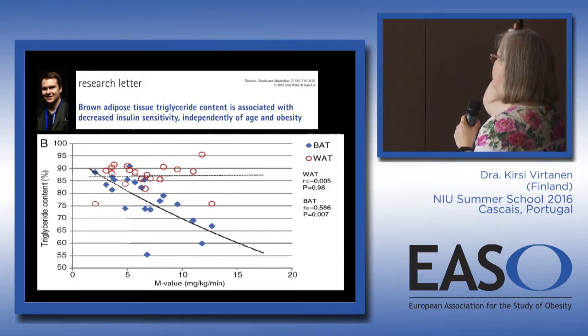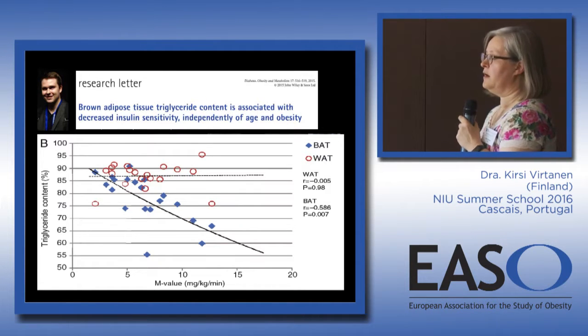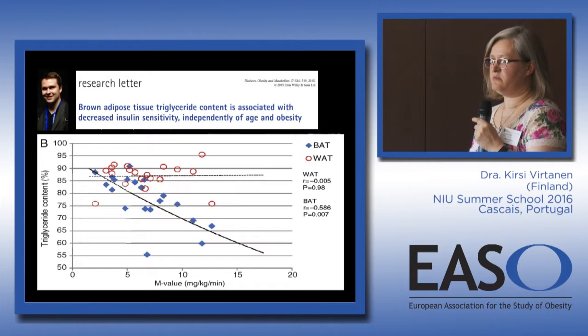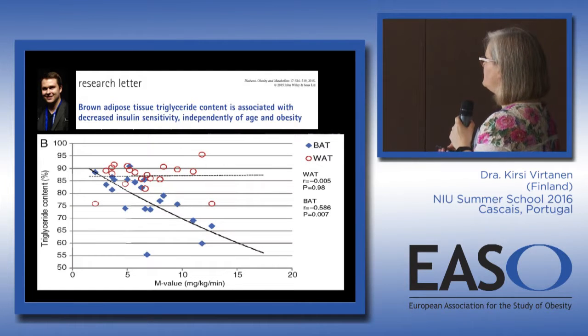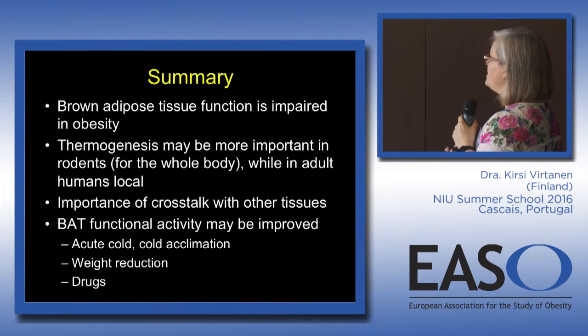As a summary, brown adipose tissue function is impaired in obesity, both in rodents and in humans. And I may suggest that thermogenesis may be more important in rodents from the whole body perspective, while in adults it's mostly local.